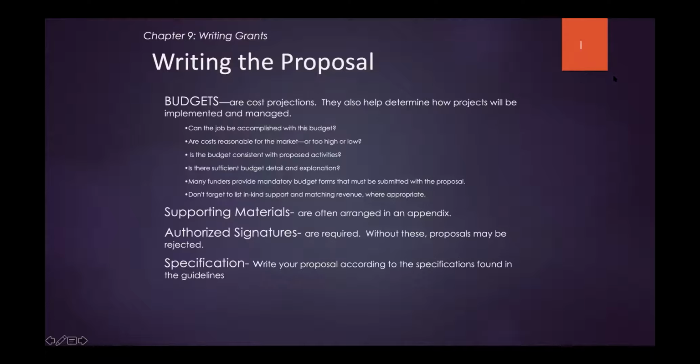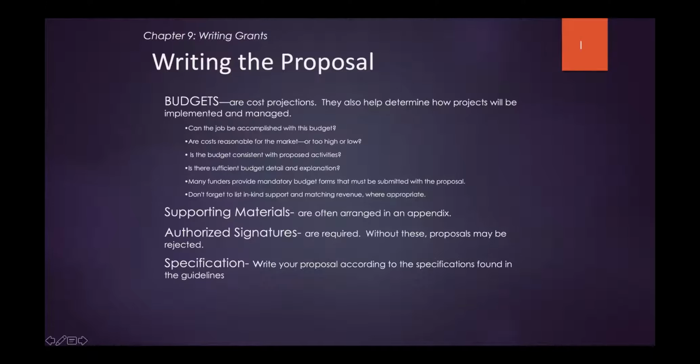Yeah, so we're talking about the time of writing the proposal. I think that budgets are very important, and this can tell the funder what you are trying to do, but also whether you can accomplish it. Budgets are really key, and this is one of the things that they will concentrate on.